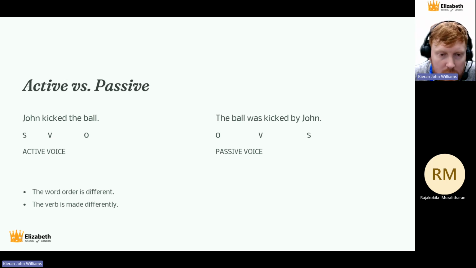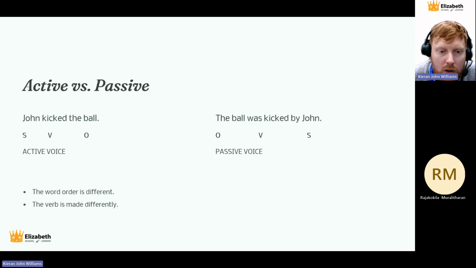We can notice there are 2 differences between them. The word order is different: subject, verb, object, and object, verb, subject. And then also we can see that the verb is made differently. In the active one, it is kicked, but in the passive one, it is was kicked.